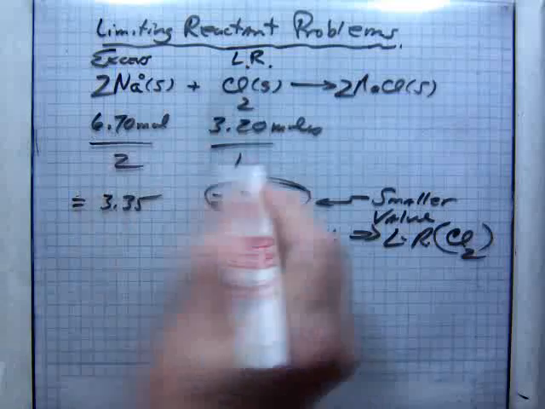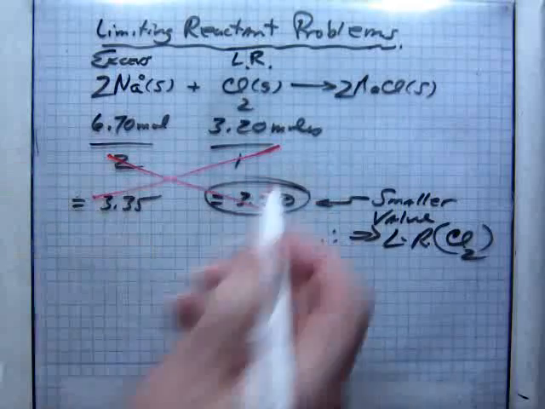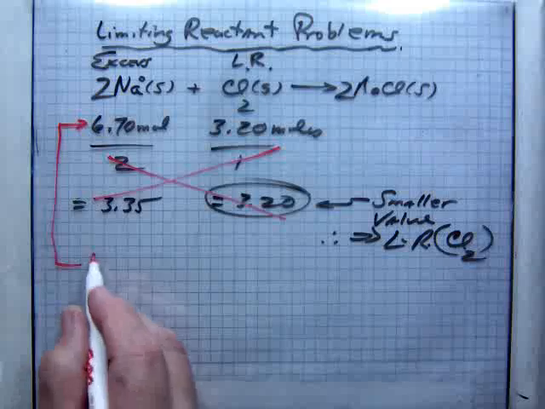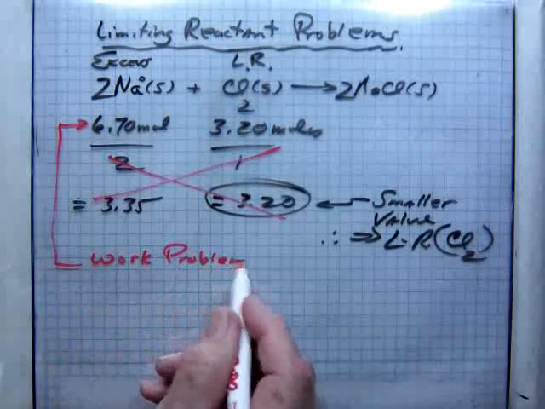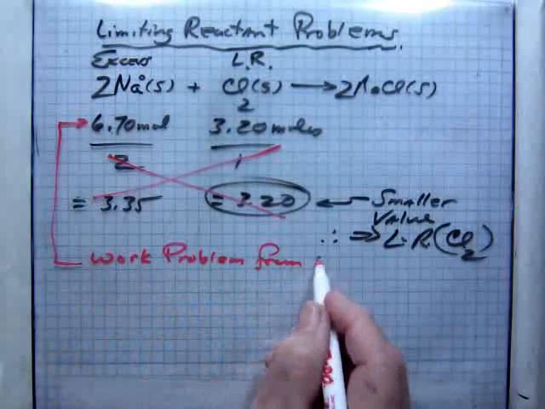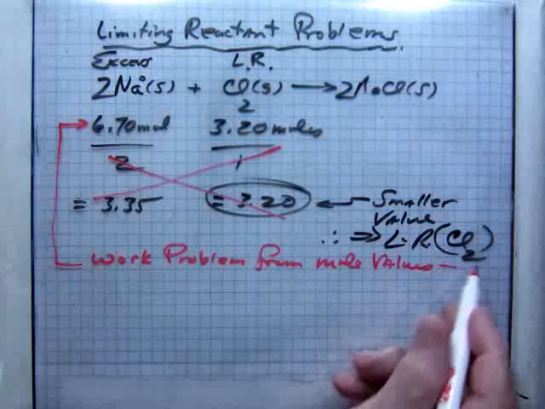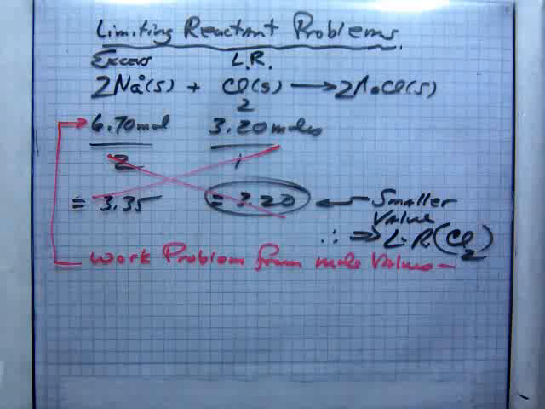All right, this is finished. Once you determine the limiting reagent, work the problem using the mole values, not the values resulting from dividing by coefficients. Everybody clear on that? So you got to go back up and work from the mole values.